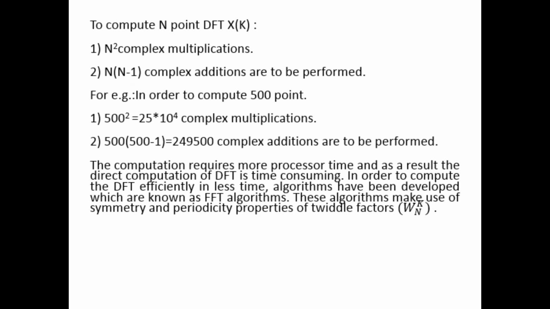For example, to compute 500 points, we need 500 square, that means 25 into 10 to the power 4 complex multiplications, and 500 into 500 minus 1, which is equal to 2,49,500 complex additions to be performed.